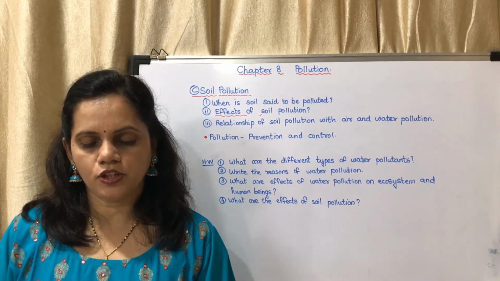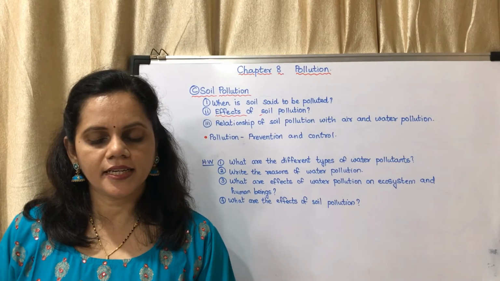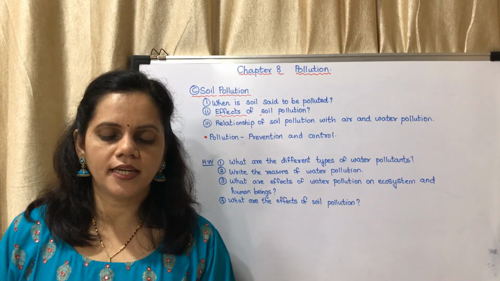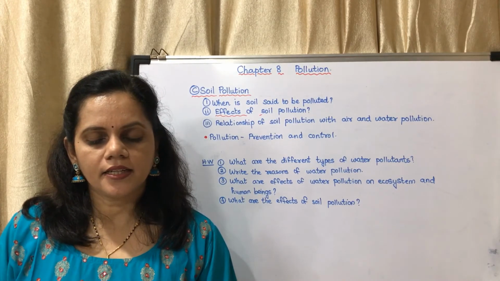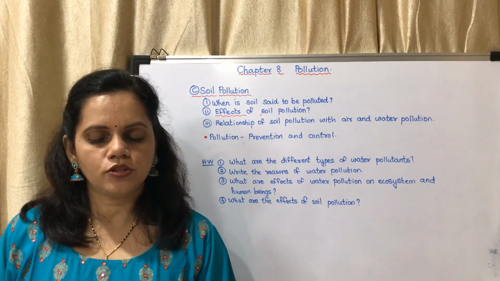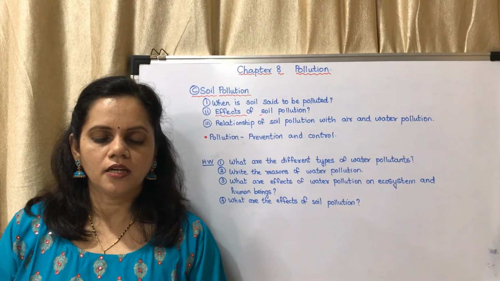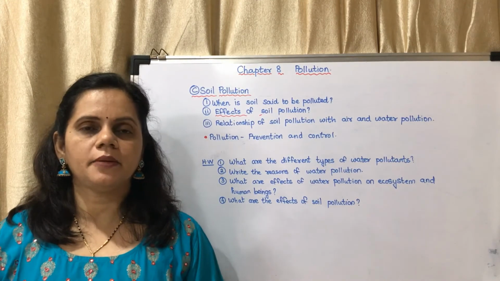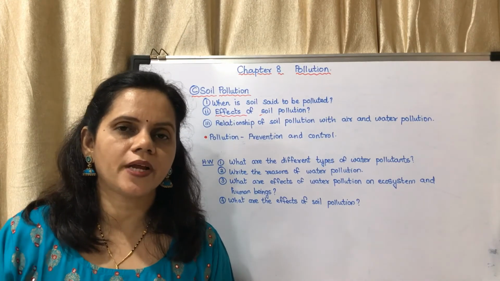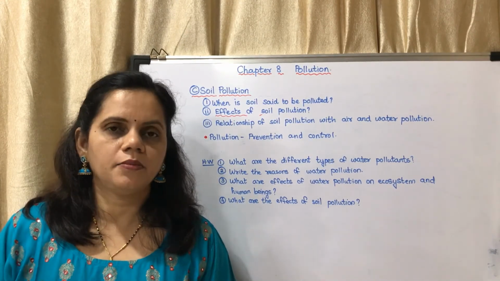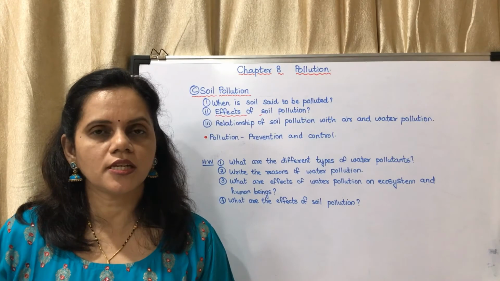Effects of soil pollution. Soil fertility decreases due to mixing of salty, acidic water from the industry. Radioactive and other pollutants enter and pass through the food chain like soil, crop, water and human body. That means from the soil it enters into the plants, from the plants it enters into primary consumers, that is the herbivores, from herbivores to carnivores and so on.